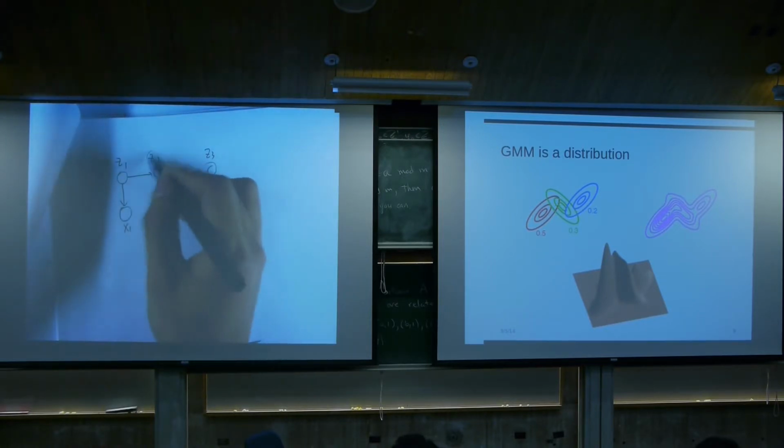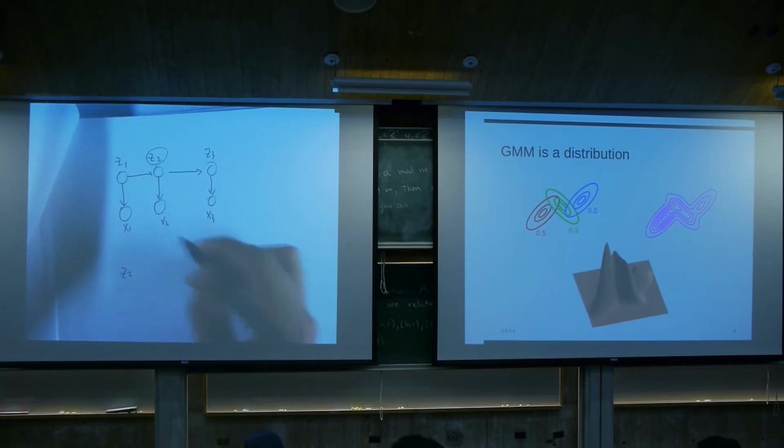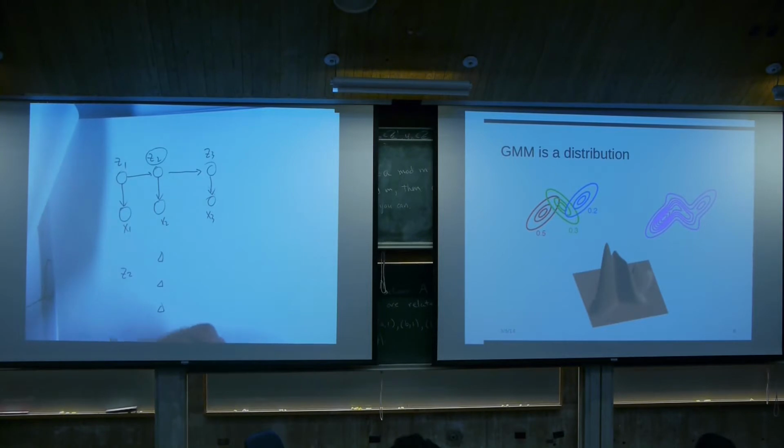So for Z2, it can have, let's say, 3 components, and when I observe X2 from Z2, I model X2 using a Gaussian mixture model related to Z2.